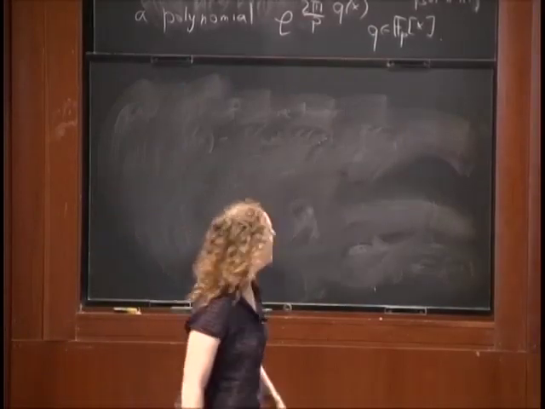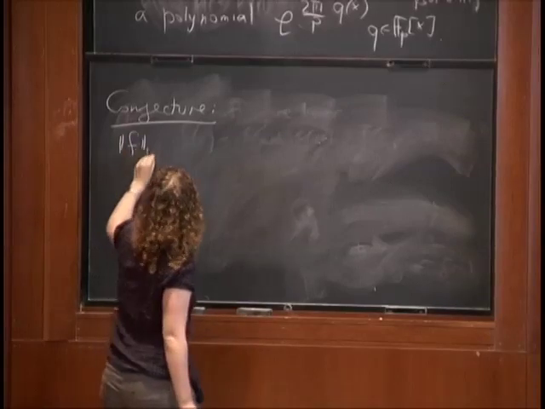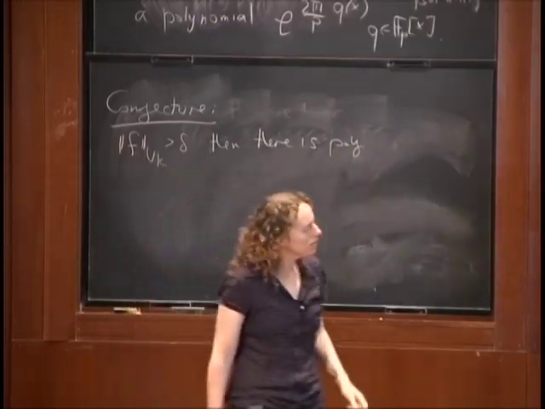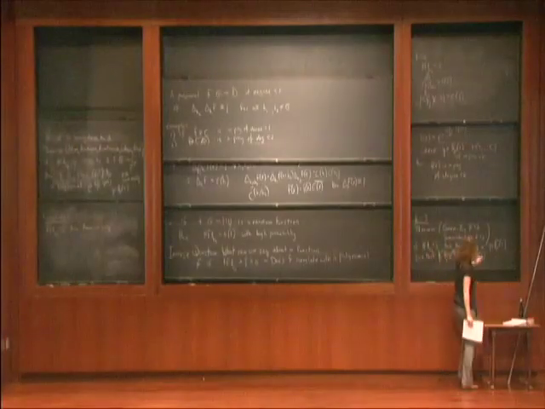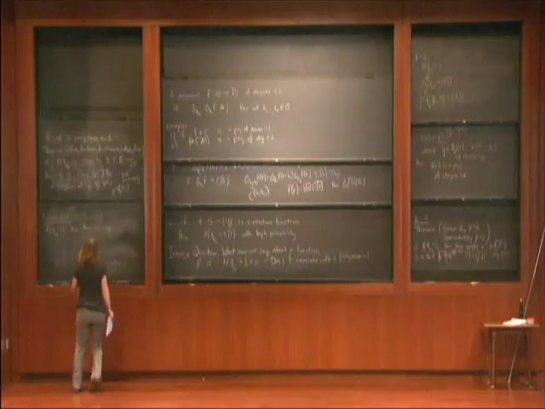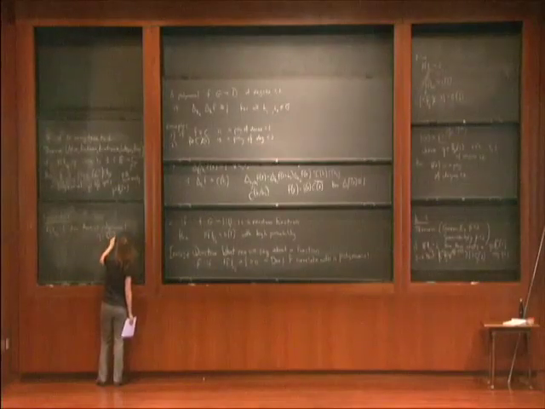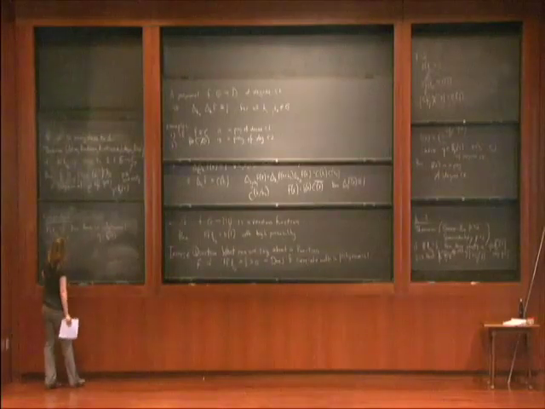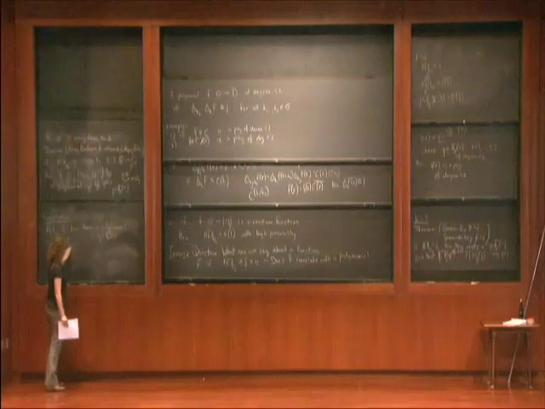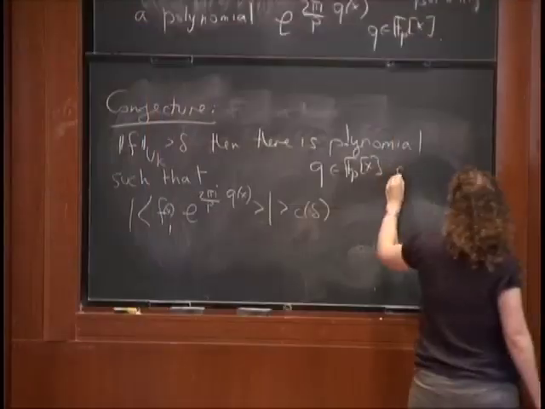So here's the conjecture. Suppose the Uk norm of f is greater than delta, then there is a polynomial Q in F_p[x] of degree smaller than k such that f correlates with e^(2 pi i over p Q), with correlation greater than c(delta).